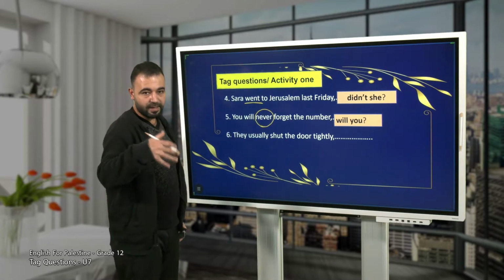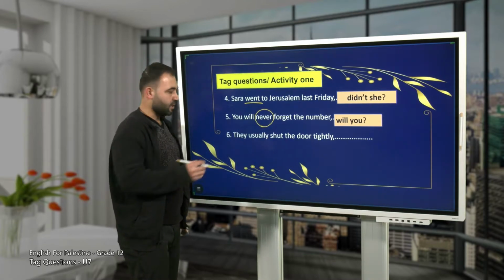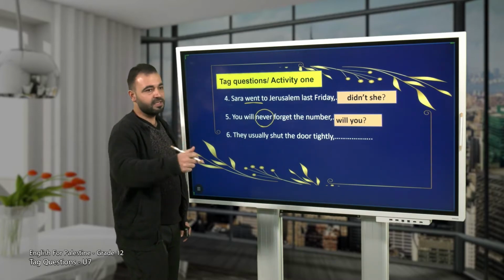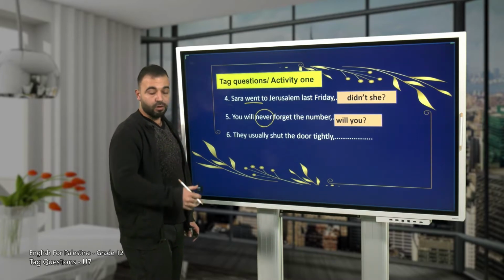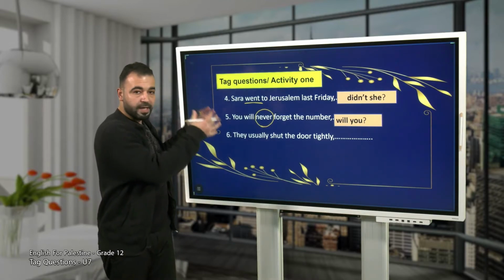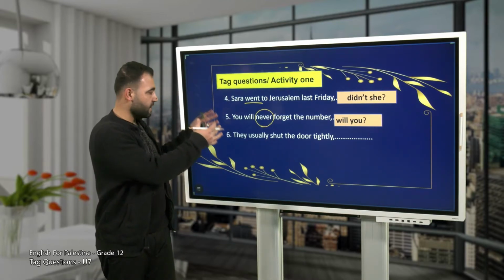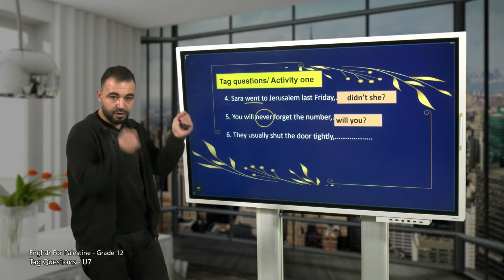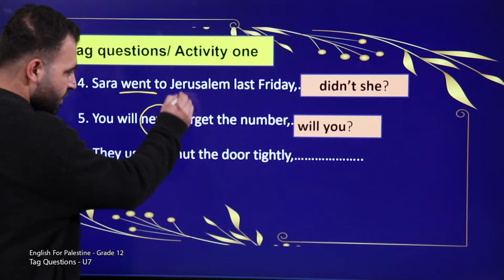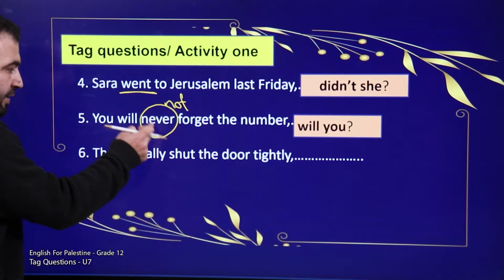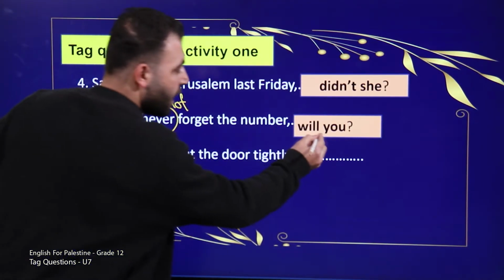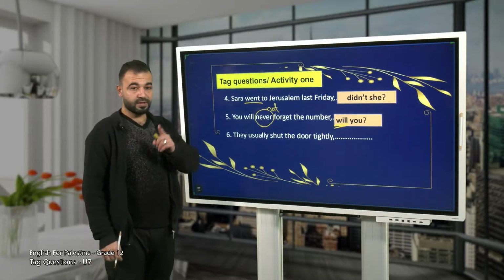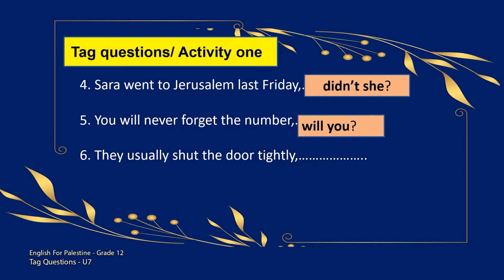As I told you at the beginning of this class, never, none, neither, scarcely, seldom, also make these statements negative. So never means not. When you see never, it means not. So negative statement, positive tag question. Don't forget this.